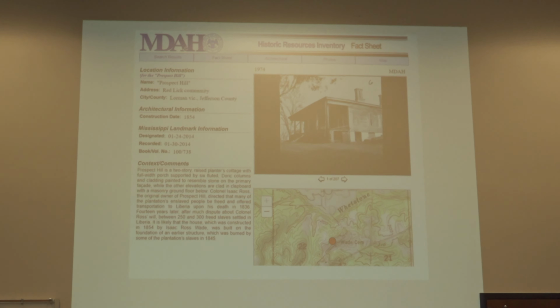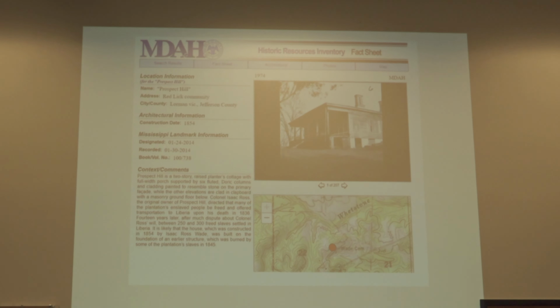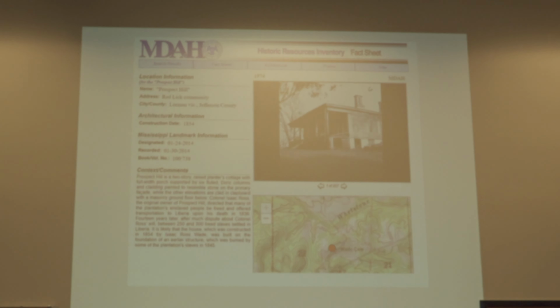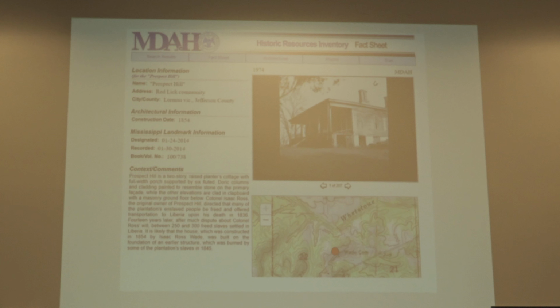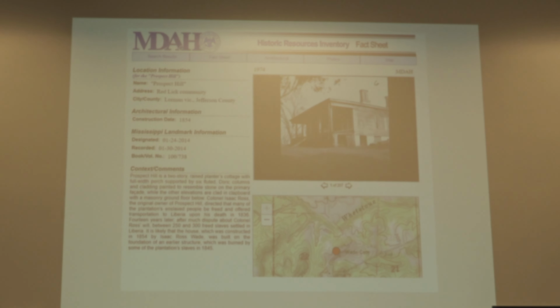So this is actually the second house that he owned. And I like to show this to give you an idea that these are actual people. The first house, this is in the Red Lick community in Jefferson County. The first plantation burned, and this is the rebuilt one.